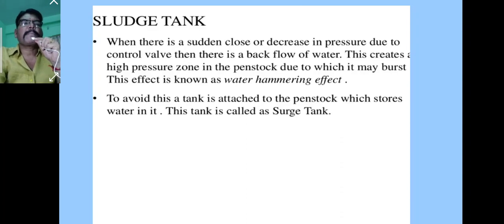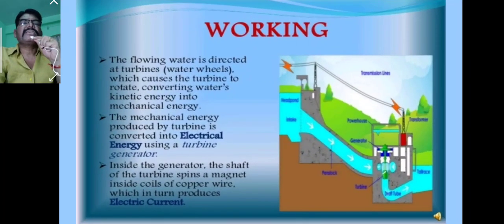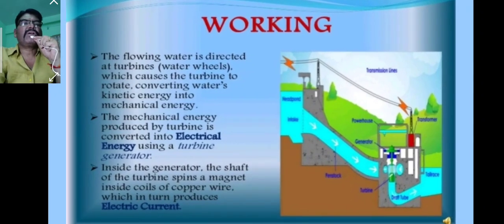Now the next, this is the working of an actual hydroelectric power plant. You can see the diagram. I think it is not that clear, but the flowing water is directed at the turbine, which causes the turbine to rotate, converting the water's kinetic energy into mechanical energy.